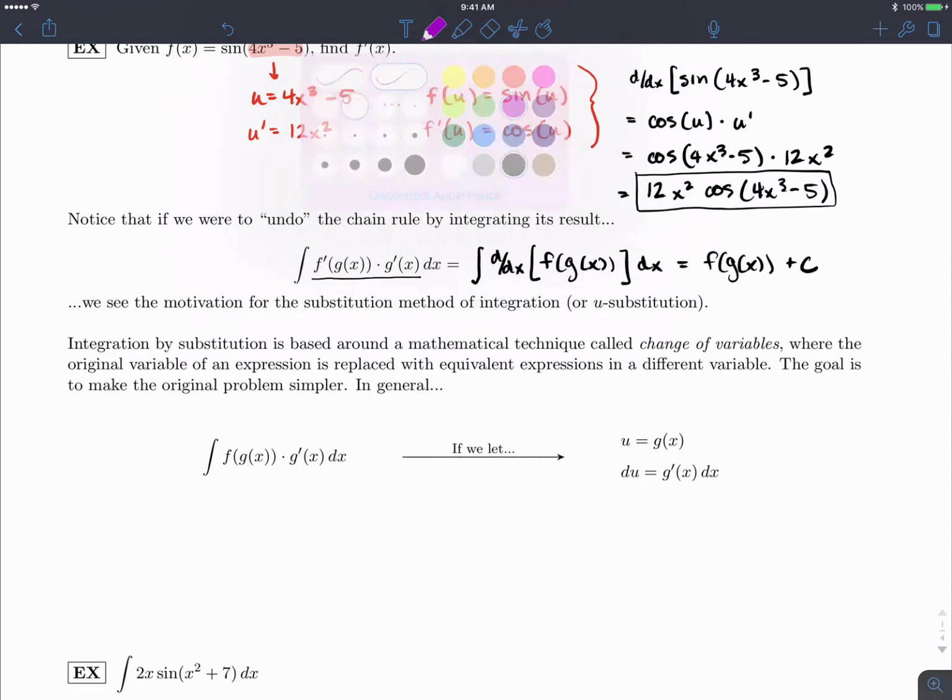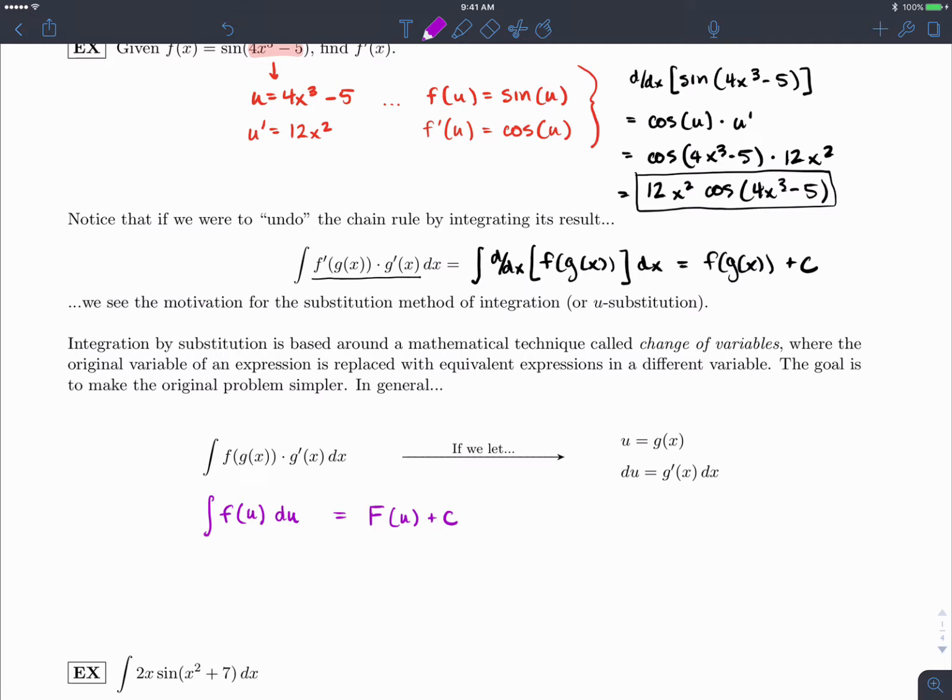So all of a sudden, this becomes the integral of f prime. I'm going to replace g of x with u, and then g prime of x dx becomes du. Now we realize that if we're just integrating a function, then its integral is going to be the antiderivative evaluated at u plus c.